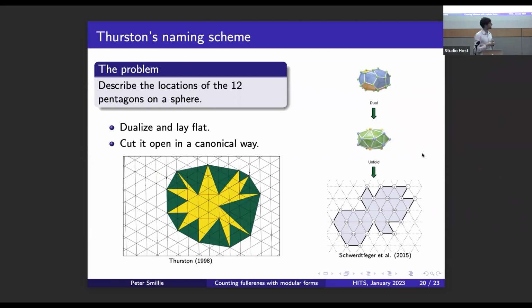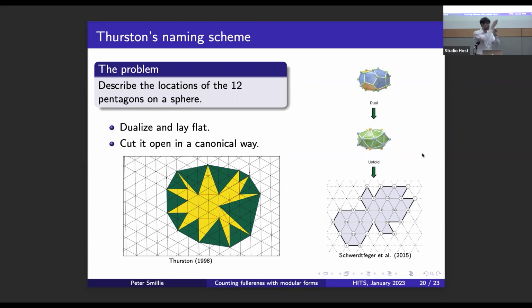And so here's how Thurston says you should canonically cut your dual fullerene. Well, you measure the distance just as an ant would walk between every pair of orange vertices on your dual triangulation. You find the one where the sum of the distances to all the other ones is smallest.